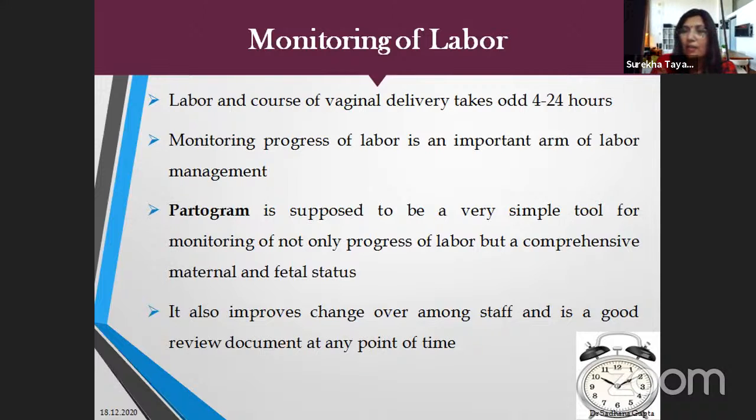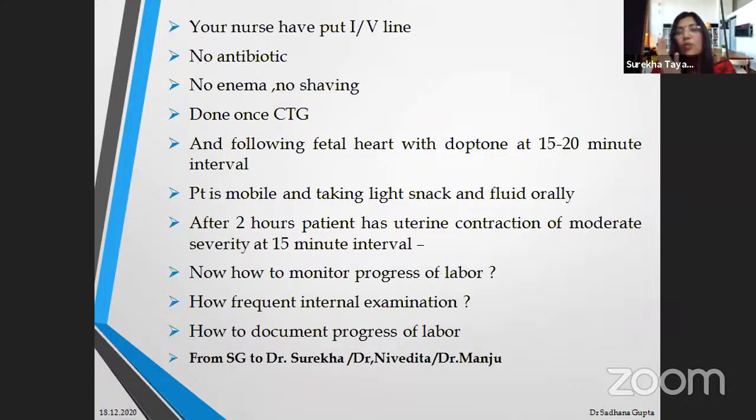We know that the paper partograph was being filled retrospectively. The ideal for monitoring the first stage of labor is the partograph, but in all setups we saw that the resident used to do a retrospective filling. So this was started as a pioneer pilot project by Jeevdaya Foundation.